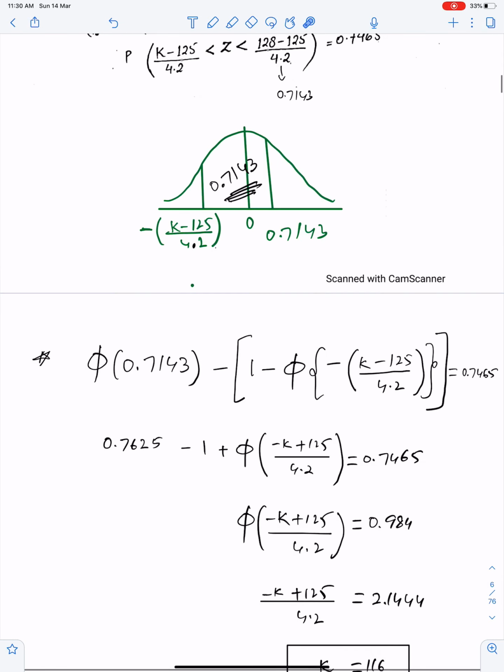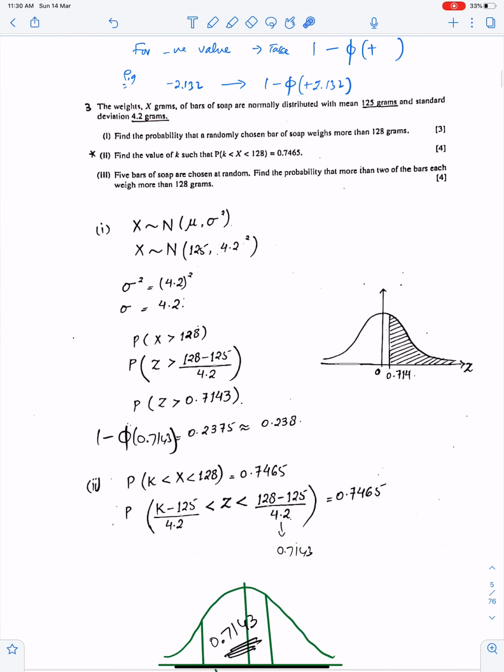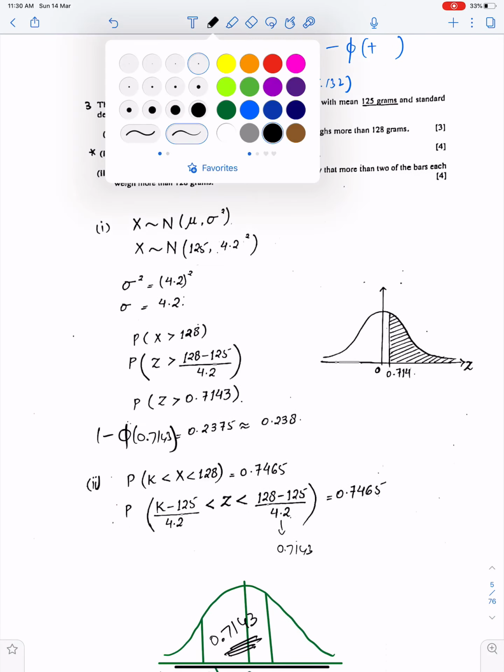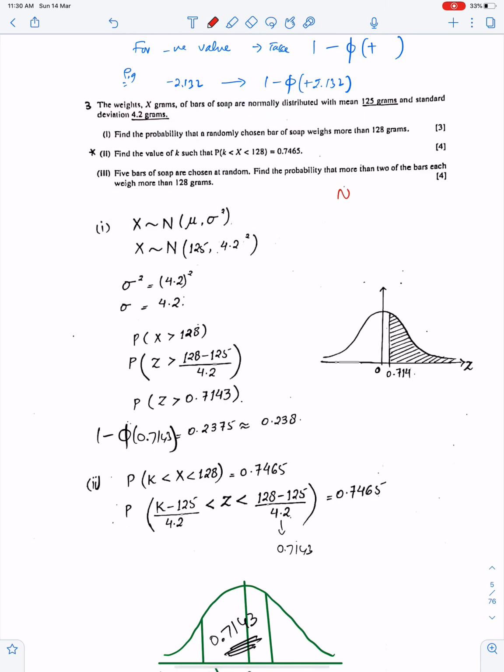Now the last part of this question. This is basically normal to binomial. So this concept is very important. There is no need for continuity correction from normal to binomial.